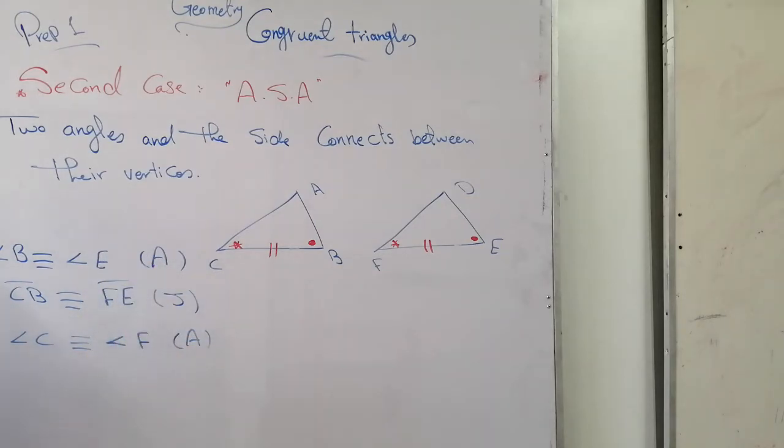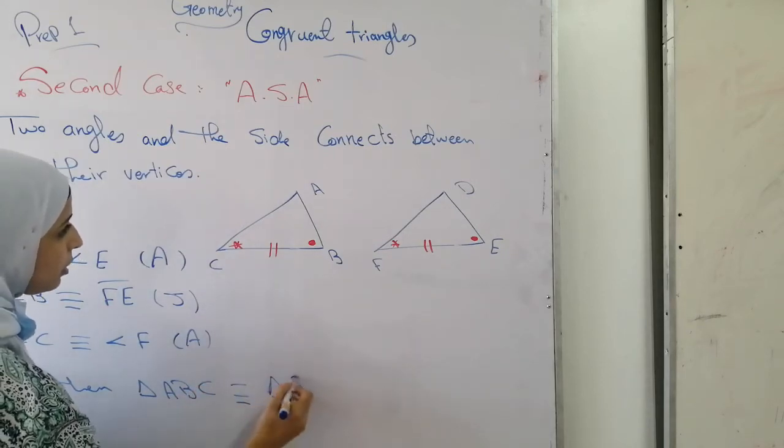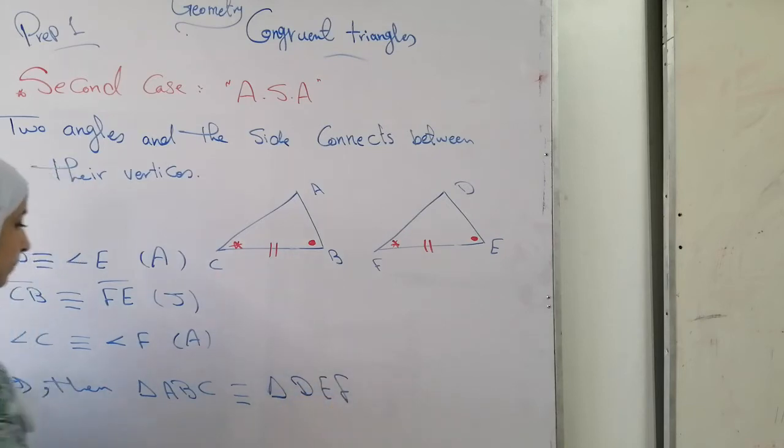If I have this case, I will say triangle ABC is congruent to triangle DEF.